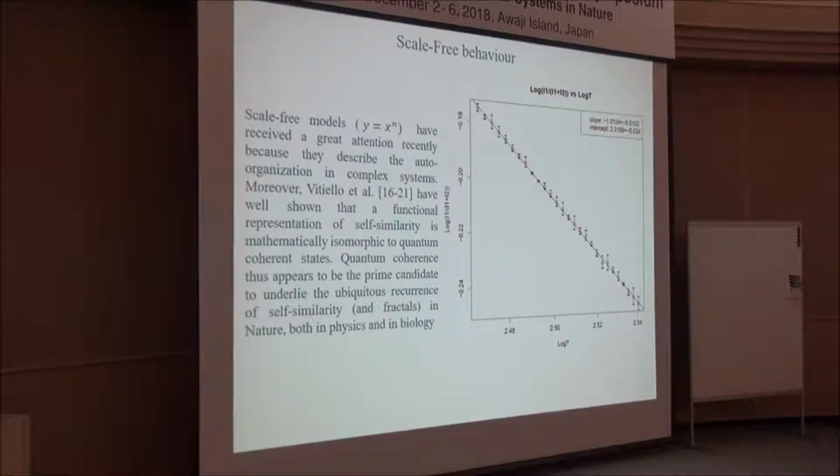So we checked one last thing. We tried to see if a self-similar behavior is present in our system. We took the logarithm of the ratio between intensity 1 and the total versus log temperature. As you can see, there is a scale-free behavior.